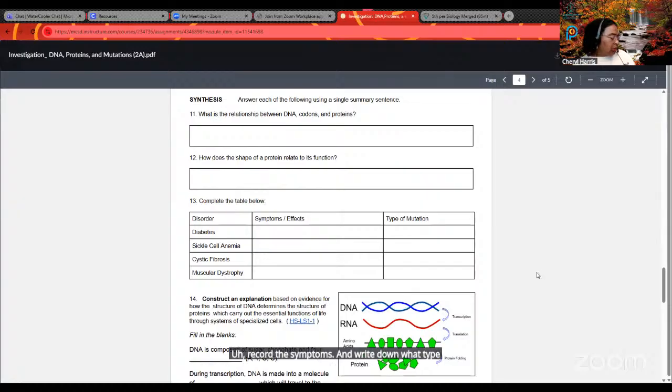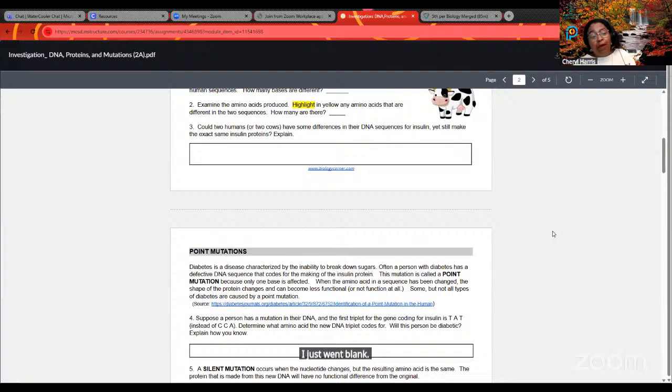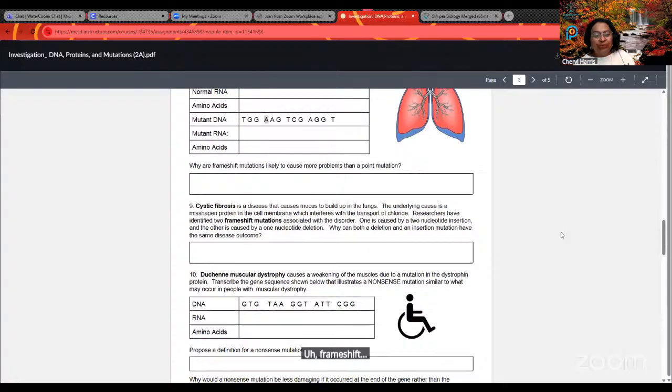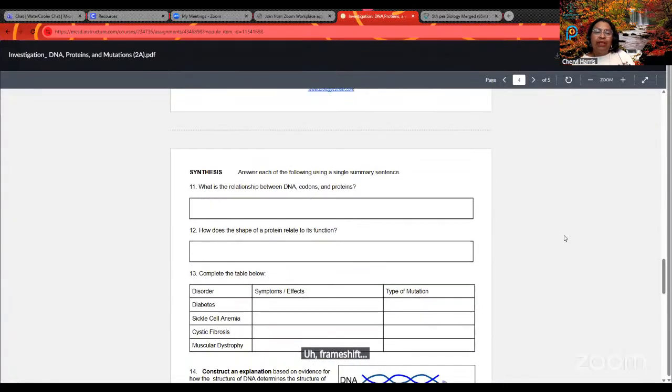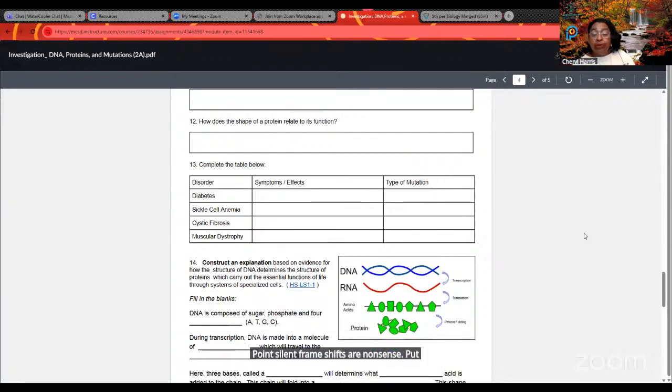Is it point, silent, frame shift, or nonsense? Those are your choices. Put those there.